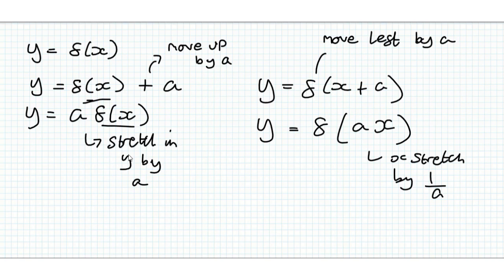Okay, but when we're adding a and multiplying a inside the function, we do the opposite of what you'd expect. So we move to the left if a is positive, and to the right if a is negative, and then when we're stretching, we stretch by 1 over a. So hopefully you can start to get your head around these transformations. In the next video we'll look at combining transformations, but for now that's it.